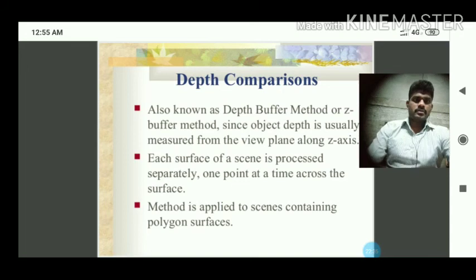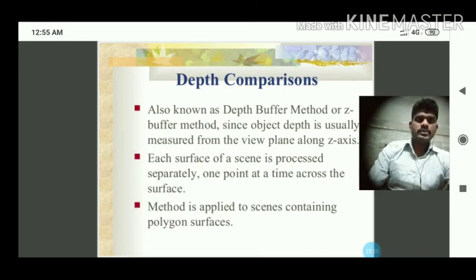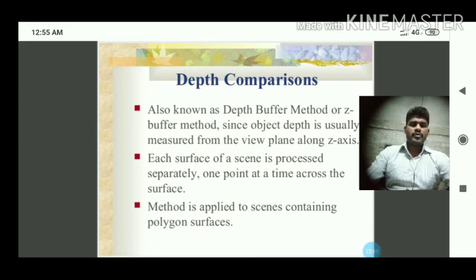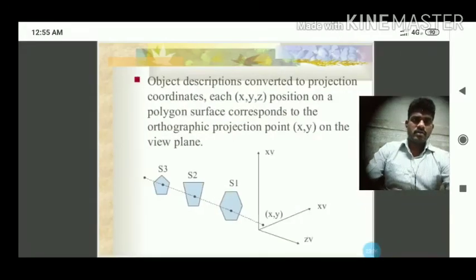So depth comparison, also called the Z-buffer method, we are using for visible surface detection. Look here: the object description is converted to projection coordinates.